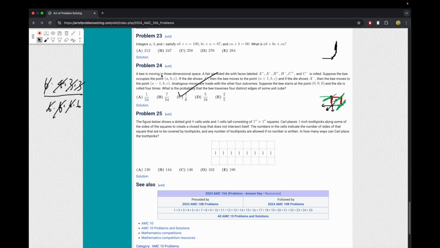So let's check if we counted them wrong. So we have 6 choices. In the first one, we have 1, 2, 3, and 4. And it will be the same because it will just be rotation and symmetric and stuff. Wait, did I miss something from the problem? 4 rotating edges.